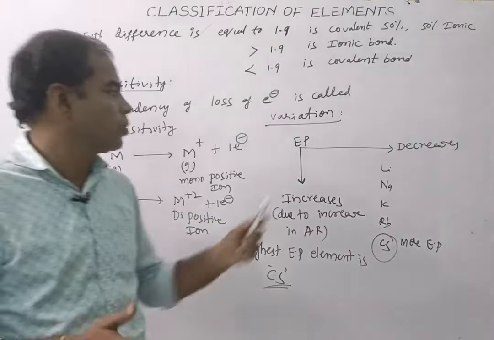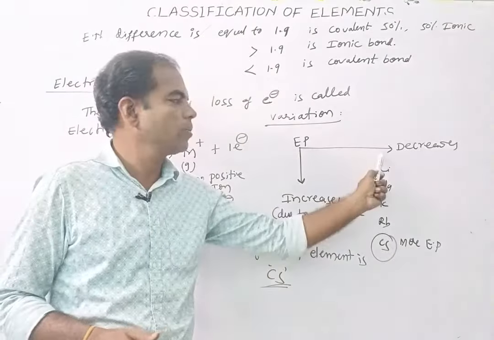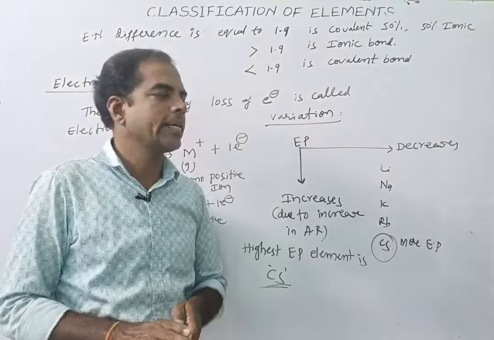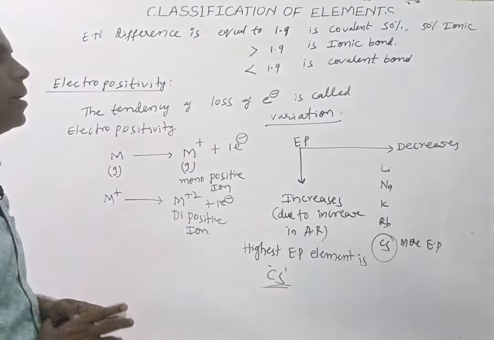In groups, down the group electropositivity increases, along the period electropositivity decreases.